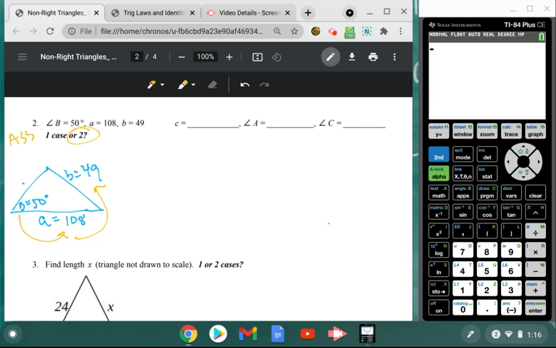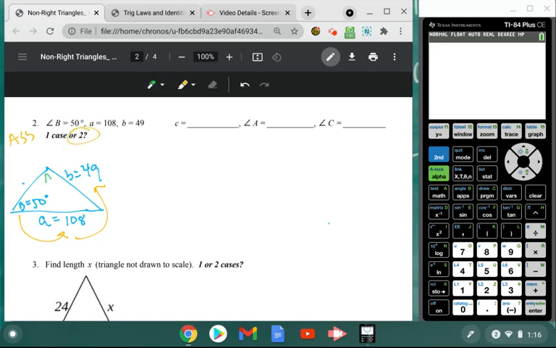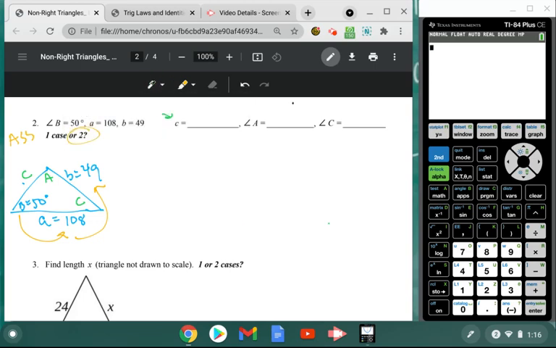I cannot start by finding any missing angle measures. The measures we are looking for are angle A, side C, and angle C. We're just going to dive in and use the law of sines. As I use it, I grab given information: I need B's to go together, or A's together, or C's together.